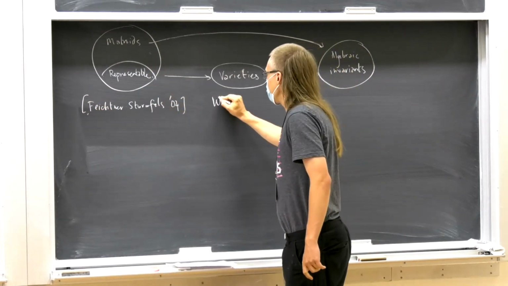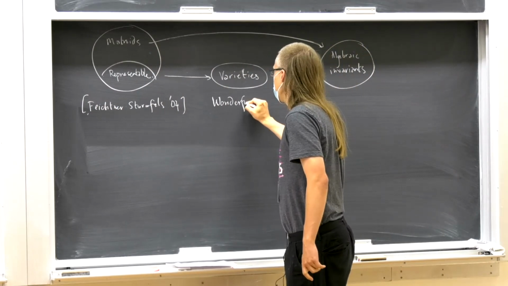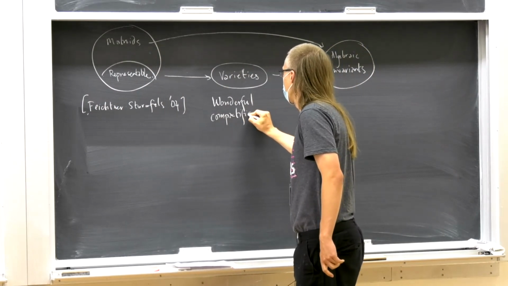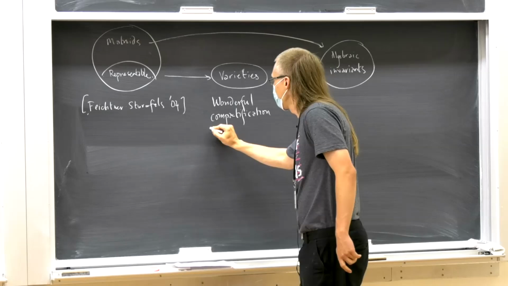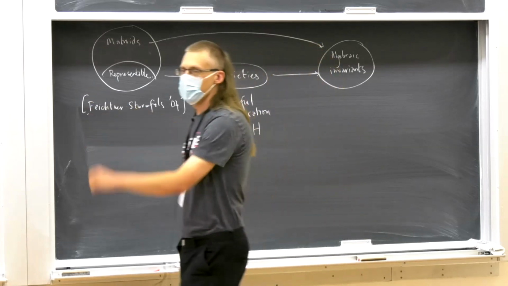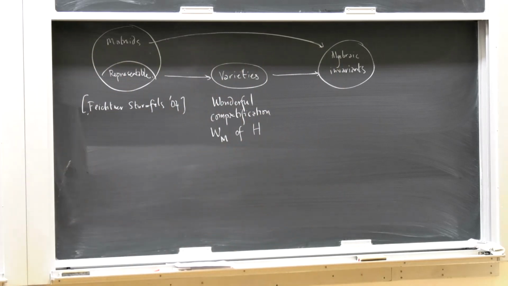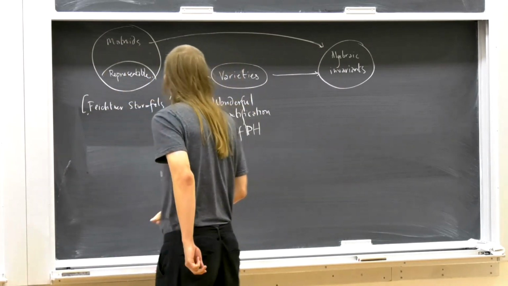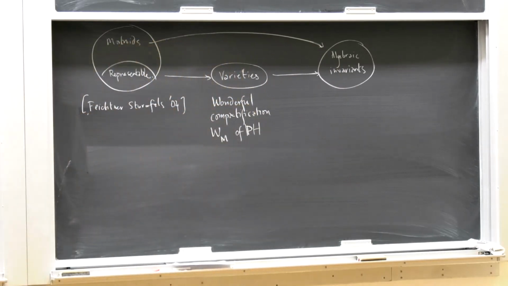The variety here is the wonderful compactification, let's call it W sub M, of this hyperplane arrangement complement. I could just compactify it in the projectivization of V, but I want to blow these various loci up and compactify it in a different way, a normal crossings way.